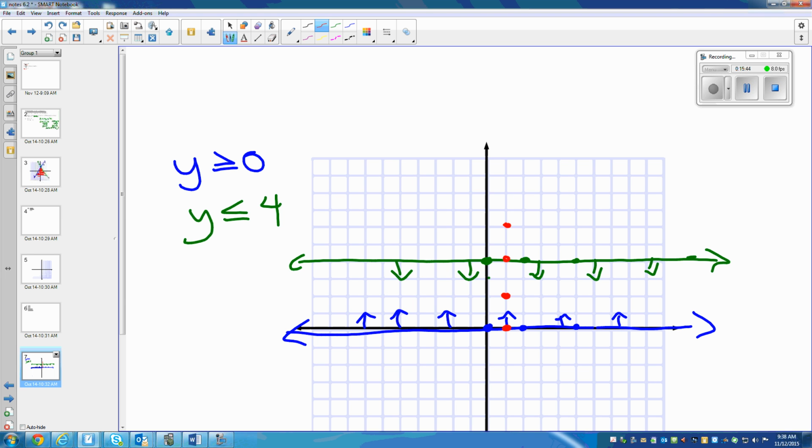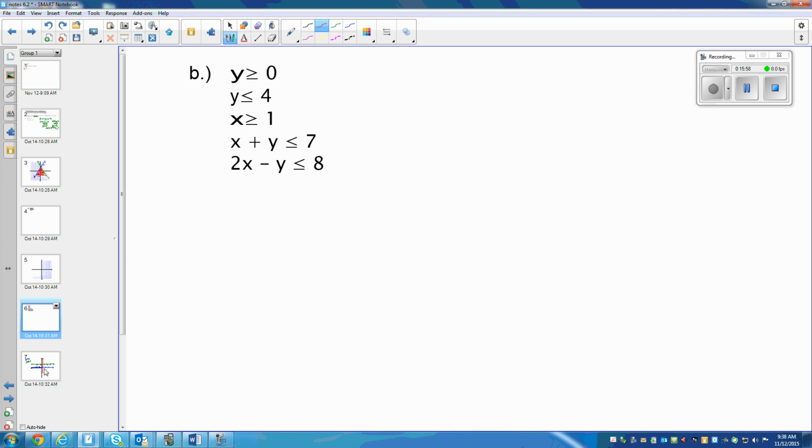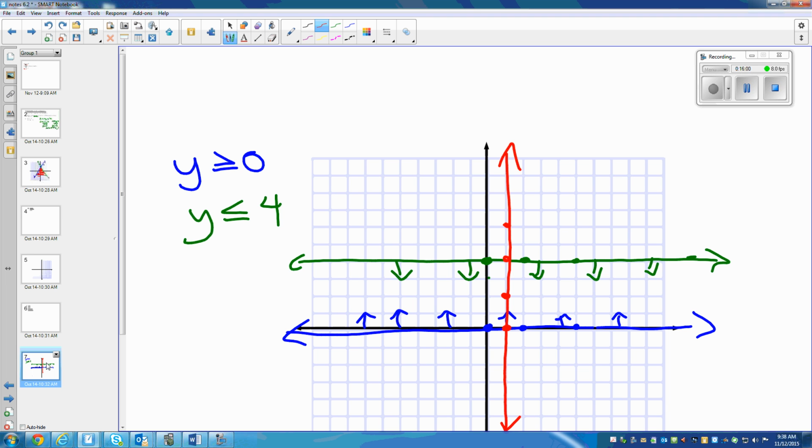So we draw a line all the way down. We add arrows because they continue on forever. And this question said x is greater than or equal to 1. So which way are we coloring here? We're going to go right, the other way.